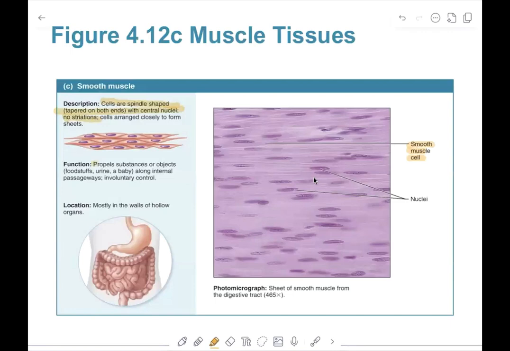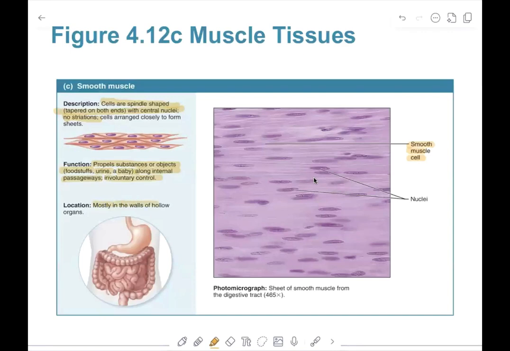Its function is that it propels substances or objects along internal passageways. Some of those substances could be things like foodstuffs in the GI tract, urine in the urinary system, and in the uterus. It's under involuntary control, so it happens automatically.